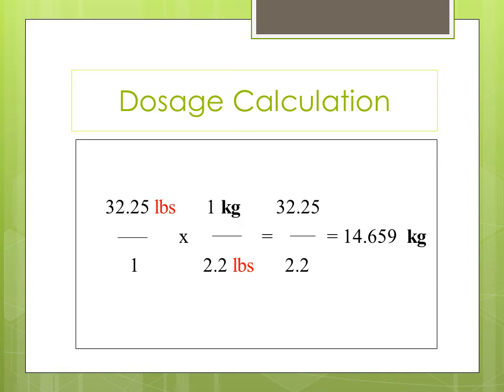The pounds value is placed on the bottom so that the pounds can be crossed out, leaving the desired indicator of kilograms. We simply multiply across the top, multiply across the bottom, and divide that answer to receive 14.659 kilograms.